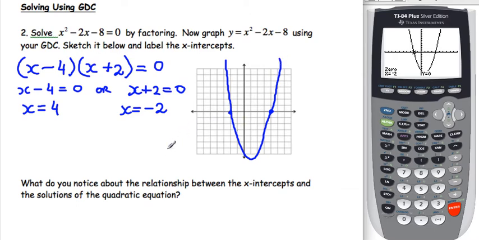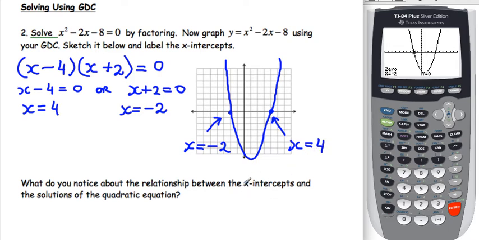So we get here, our first x-intercept is negative 2, and the second one is x equals 4. And when you compare these two answers with the answers of our quadratic equation solution, then they are actually exactly the same numbers.